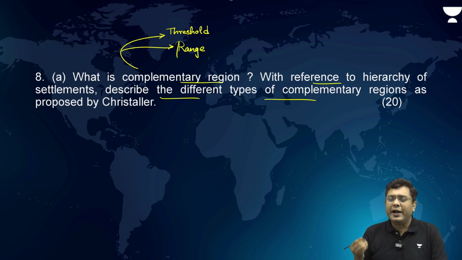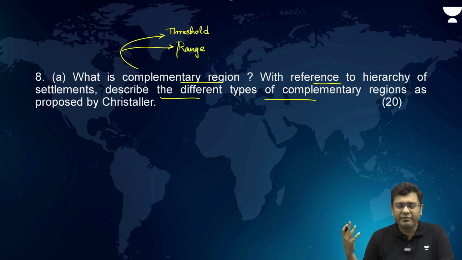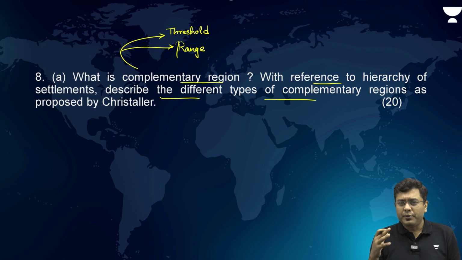Now here you had to talk about the basic classification: K3, K4, K7. K3 represents a kind of market where a particular central place can support 3 small sub-towns, etc. So that is K3. K5 would end up supporting a much greater transformation.